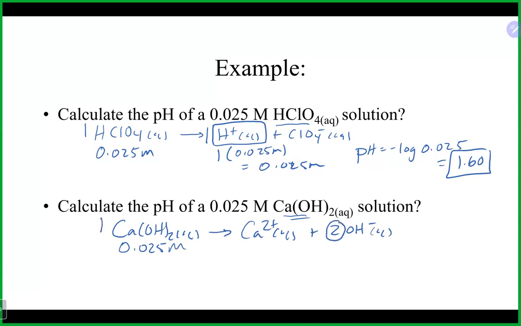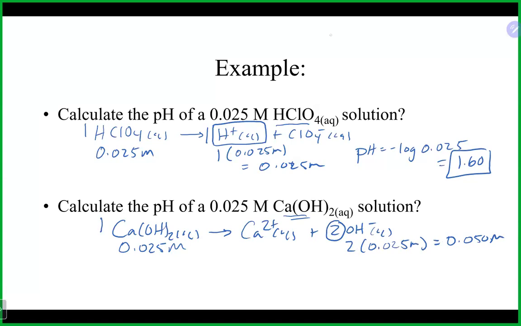So to get the proper concentration of hydroxide, you have to multiply that concentration by 2, and this would be 2 times 0.025 molar. That's going to give us a hydroxide concentration in solution of 0.05 molar.